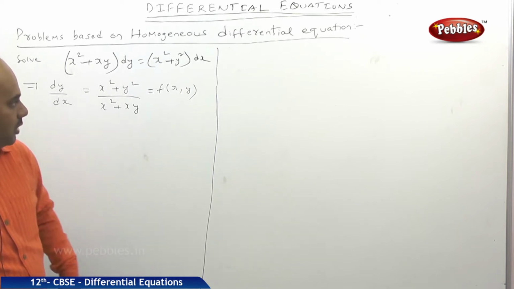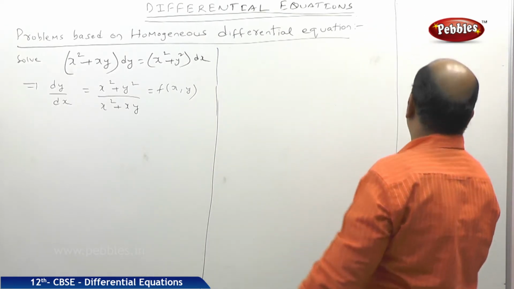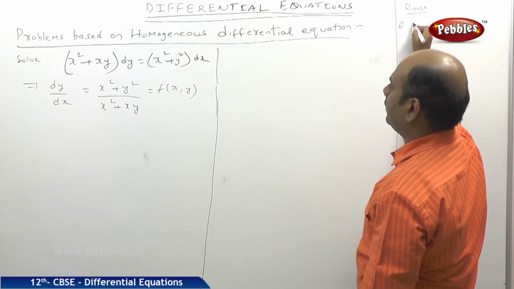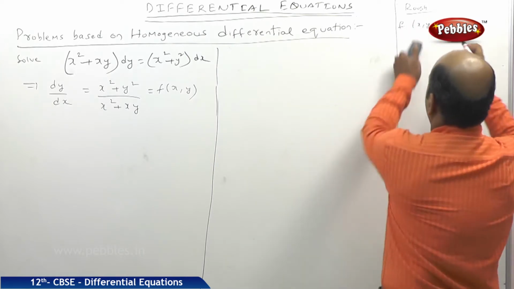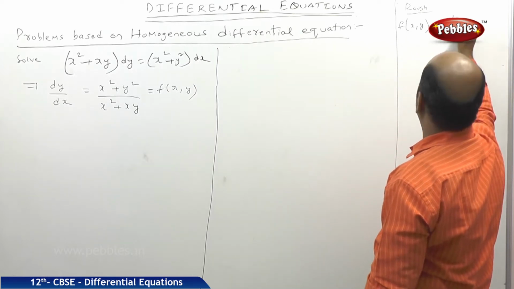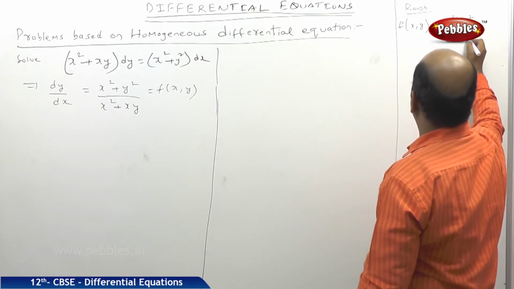Here I will consider this as rough, later you can copy. So f(x, y) is nothing but (x square plus y square) by (x square plus xy).